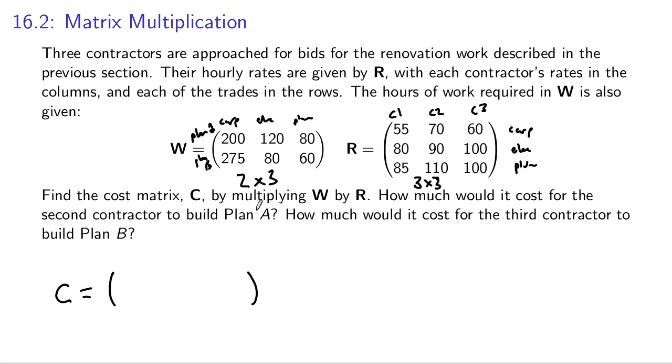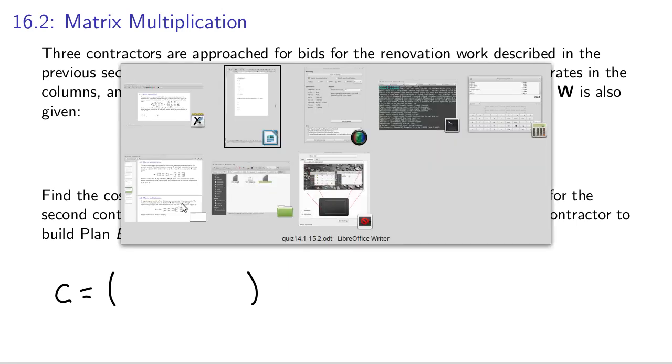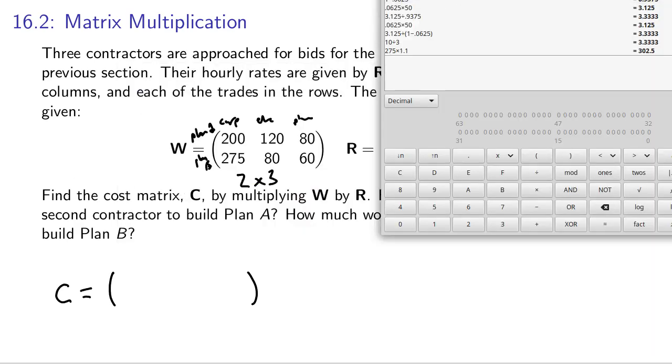So first, let's find this cost matrix. We need to multiply first row, first column to get the first entry. And these multiplications are going to be a lot of numbers, so let's use a calculator to do this.